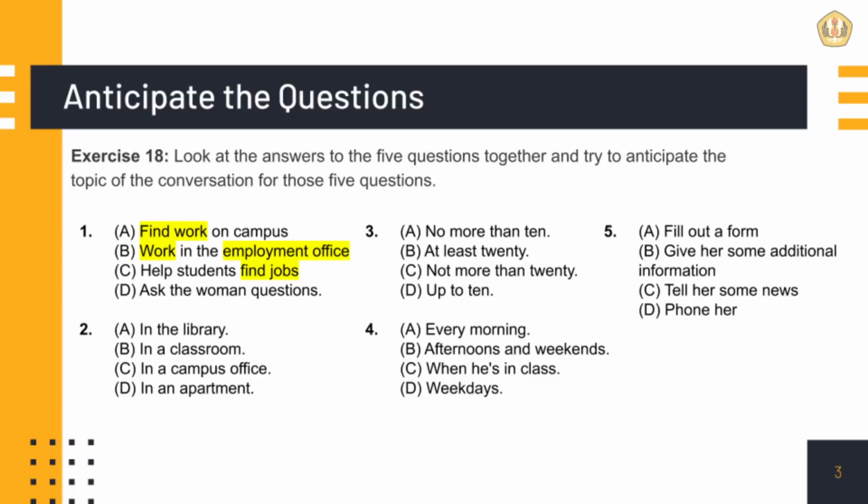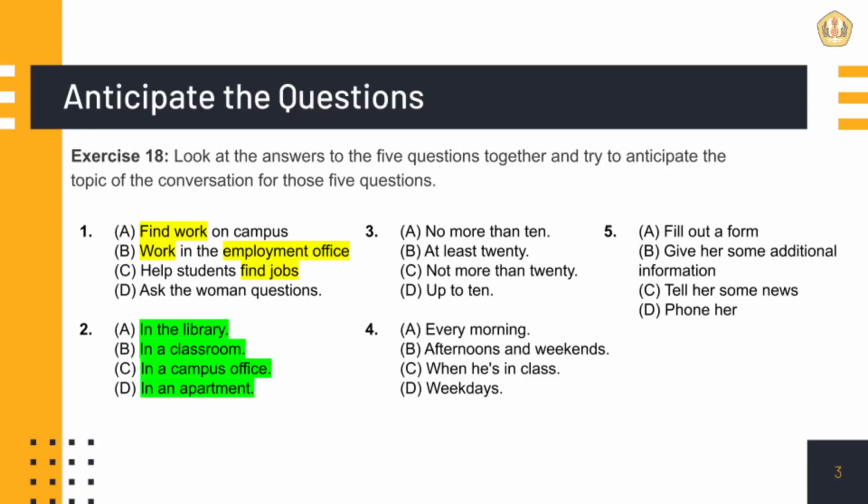Maybe it's got to do with the employment office, and yeah, it's about finding jobs, and probably it's a part-time job, because it also mentions students, how students can find jobs on campus. So probably the whole conversation is going to be about that.